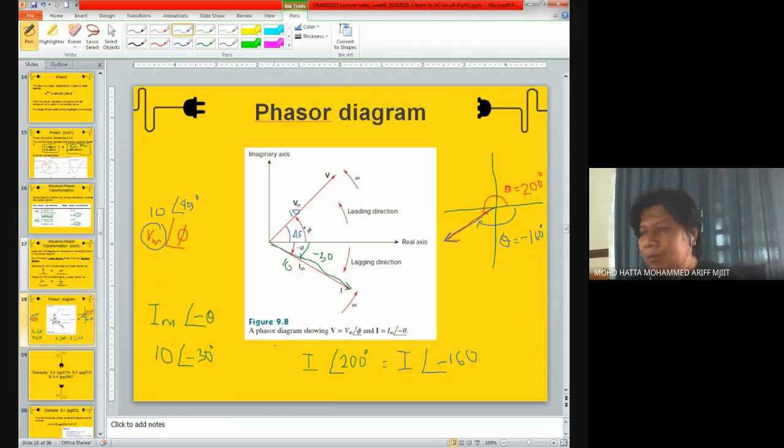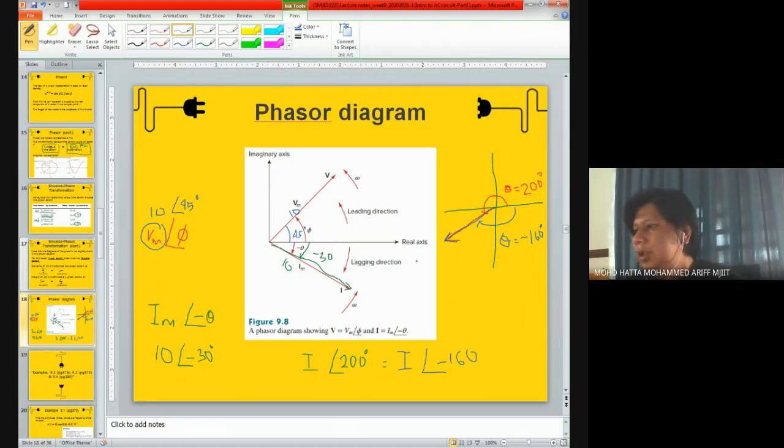What you need to remember is that if you consider this one a positive value, it means you need to go counterclockwise. If the angle is a negative value, you need to start from the origin or the angle 0 and follow the clockwise direction up until the angle that you desire.